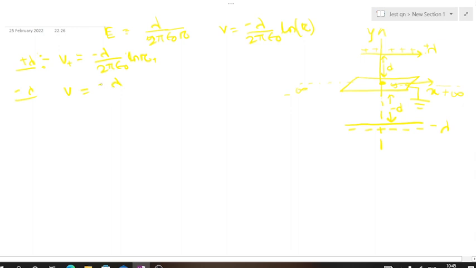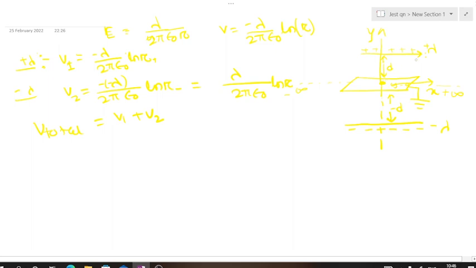This is minus of minus lambda divided by 2 pi epsilon naught ln r minus, which is equal to lambda by 2 pi epsilon naught ln r. So the total potential V total will be V1 plus V2 at a point.